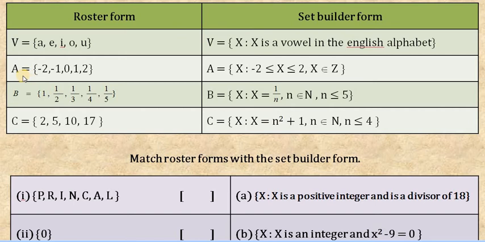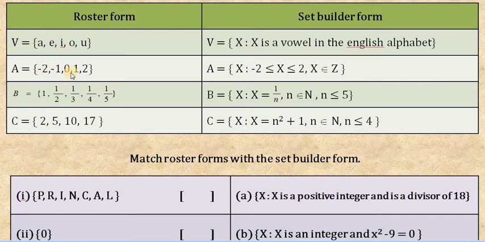Second one, A is equal to the set {-2, -1, 0, 1, 2}. Now what is the corresponding set builder form? Let us see. -2, -1, 0, 1, 2 are integers. Now are all the integers existing here? No, they are a limited number of integers. So what is the range of these integers?